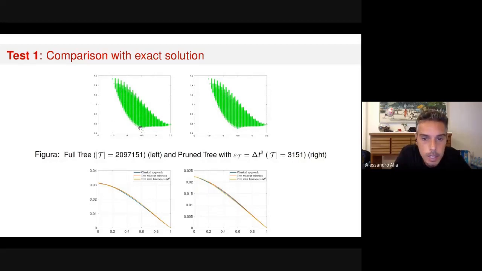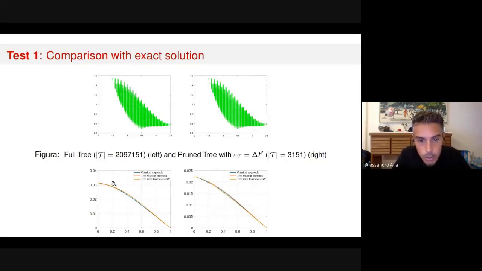Here, this is the initial condition that we consider, and you see how the cardinality of the tree is different. Here this is 10 to the 6, if I'm not wrong, and here it's 10 to the 4. So you see here that we gain at least 2 orders for the cardinality of the tree.